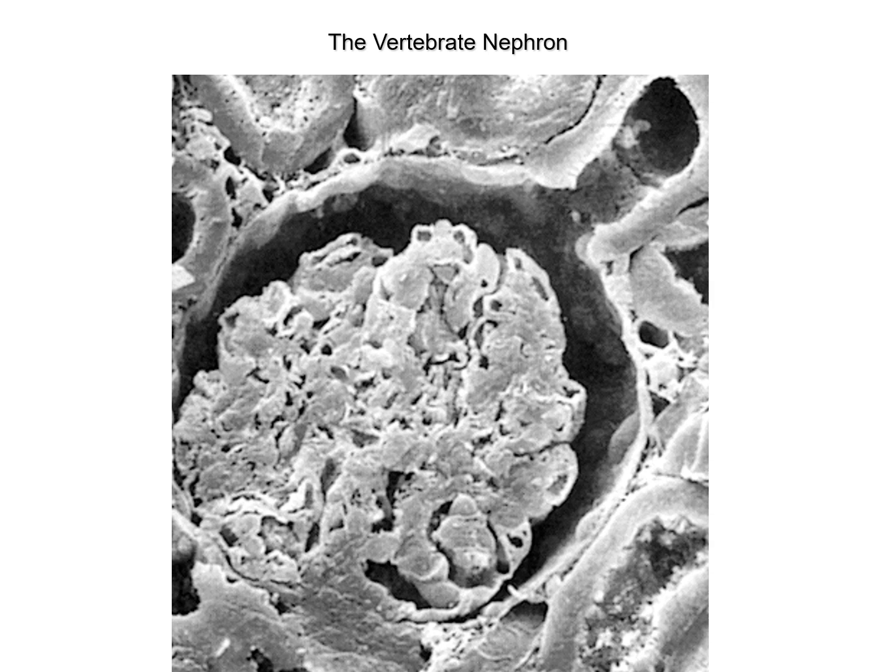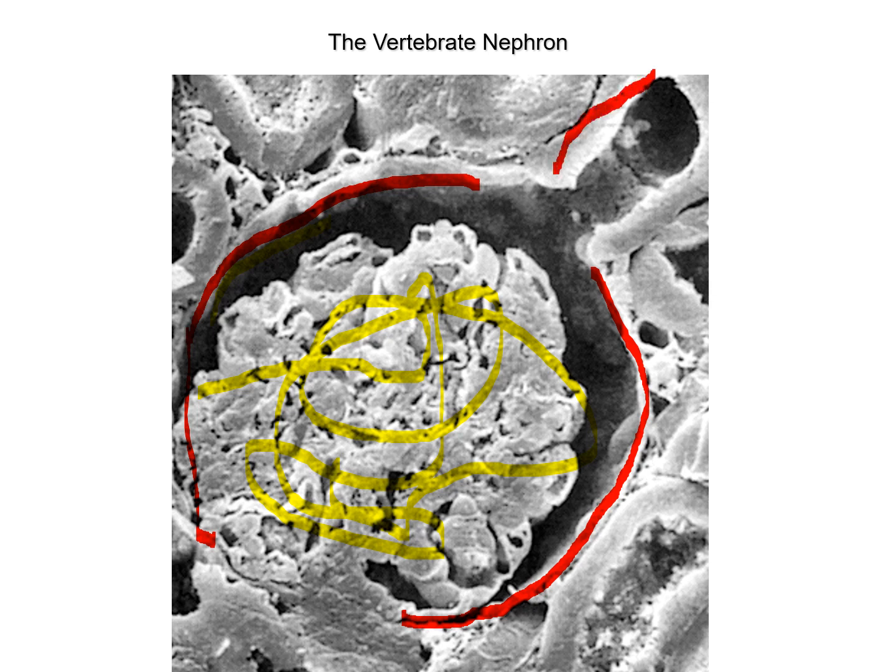Here's an electron micrograph of a glomerulus. All this is glomerulus, and this area here is showing the glomerular capsule. This is the beginning of the tubular system, and you can see that the proximal convoluted tubule is here.